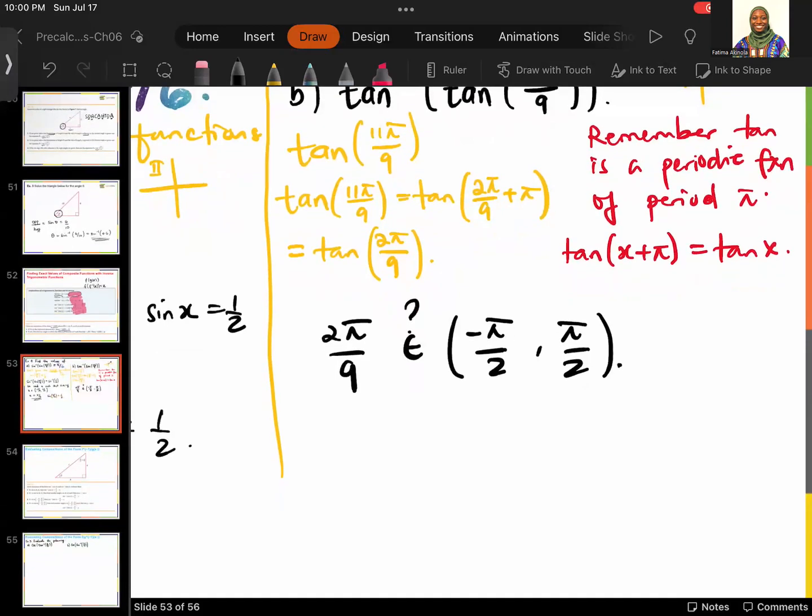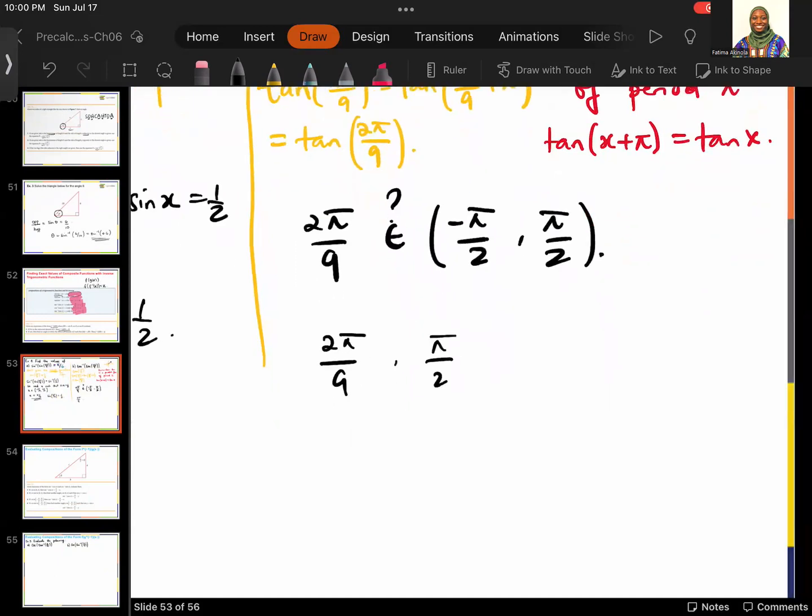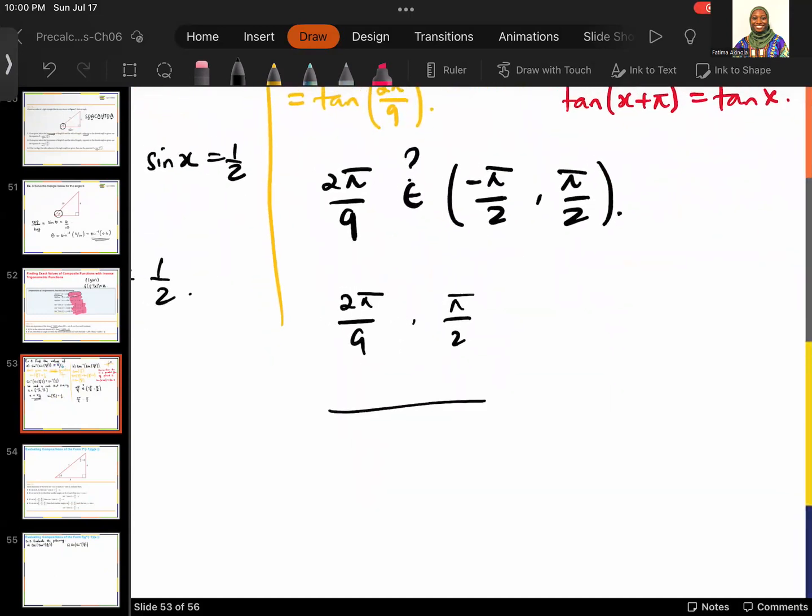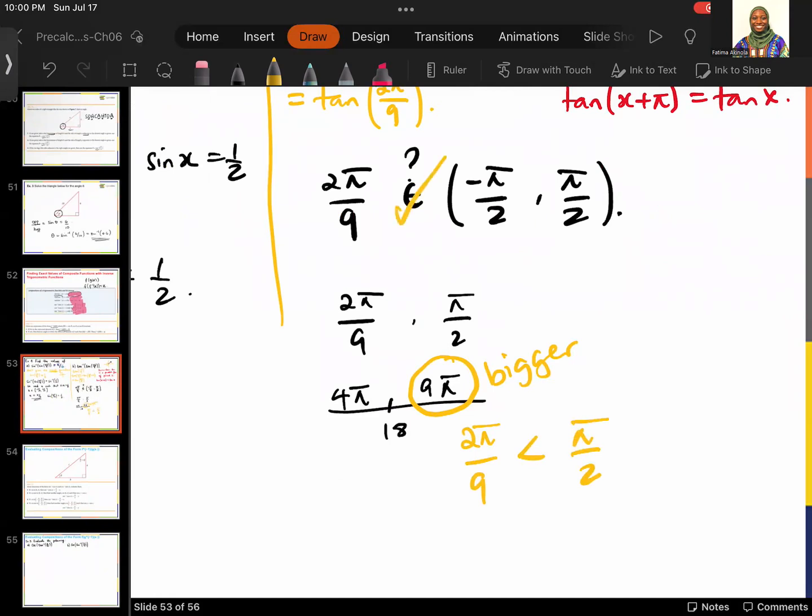You can always check who is bigger. 2π/9 and π/2, I want to check who is bigger. You check the LCM, that's 18, and this gives you 4 pi and this gives you 9 pi, so this is bigger. And so 2π/9 is less than π/2, and so it is in the interval -π/2 to π/2.